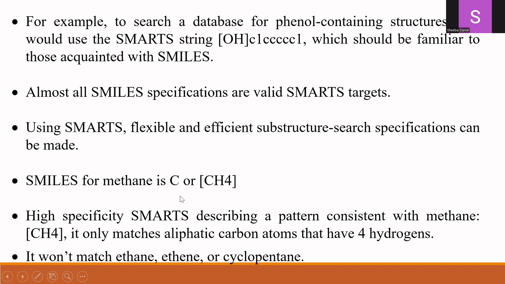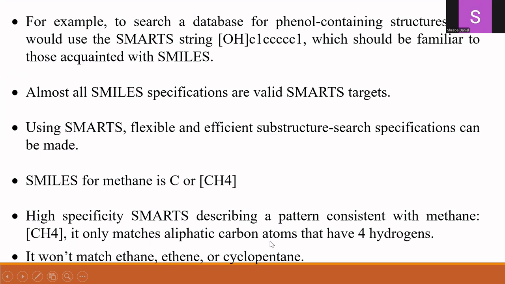SMILES for methane, you know, is C, that's capital C. And there are two specifications for it: high specificity SMARTS and low specificity SMARTS. High specificity SMARTS describes a pattern consistent with methane, for example CH4.